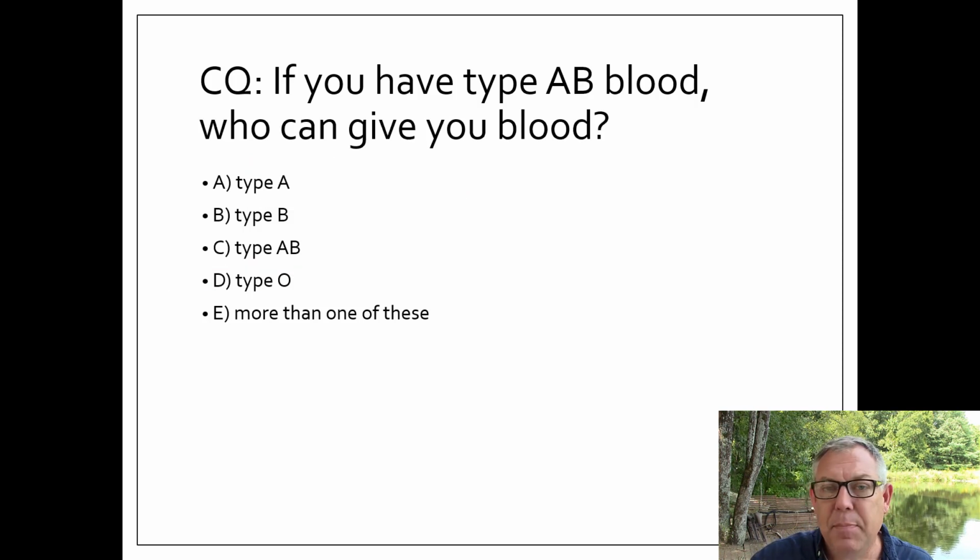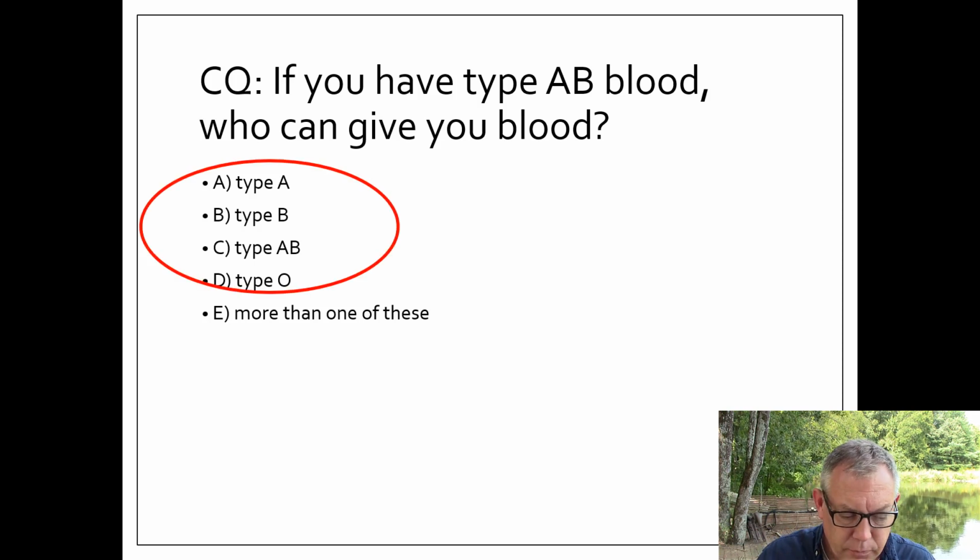If you've got type AB blood, who can give you blood? Well, you can take type A blood, you can take type B blood, you can take type AB blood, you can take type O blood. You can take any kind of blood if you're blood type AB.